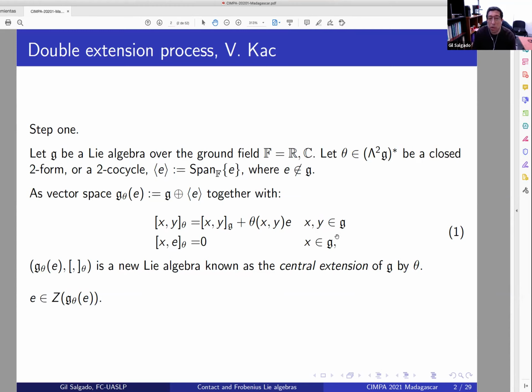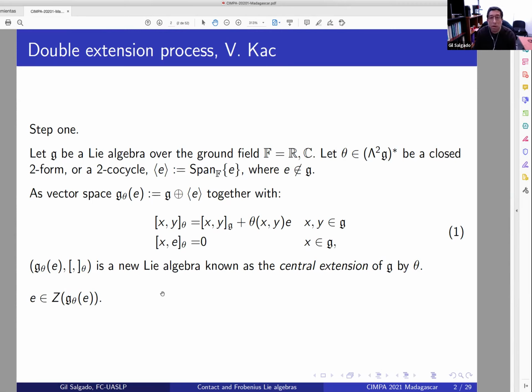If we take two elements in the original Lie algebra, we add a multiple of the generator to the original Lie bracket of G, and any element of G will commute with the new element. This is a new Lie algebra known as the central extension of G by theta, and this new element belongs to the center of the central extension.